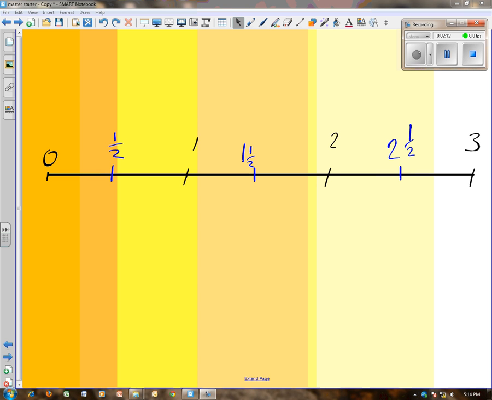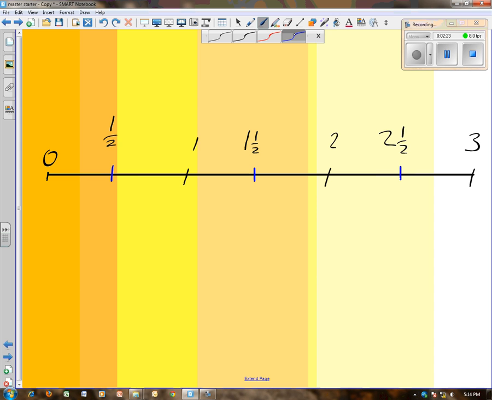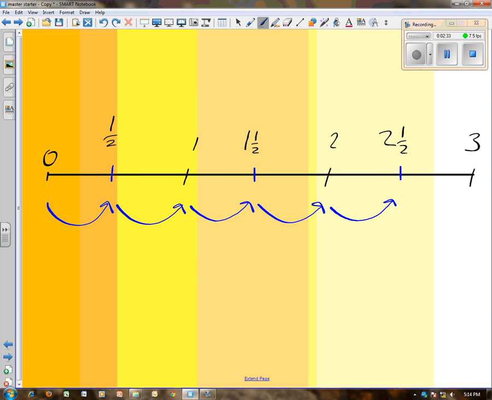And I'm actually going to make the numbers black so they're all the same colour. Okay, so now you can just see we've got a fairly simple number line there. And it goes from 0 to a half, to 1, to 1.5, to 2, to 2.5, to 3.